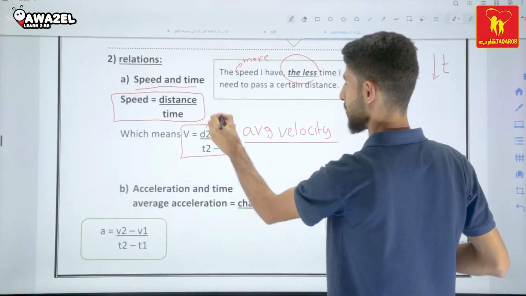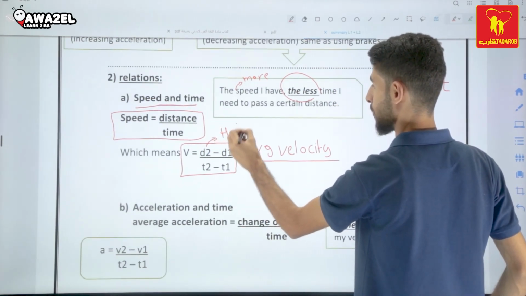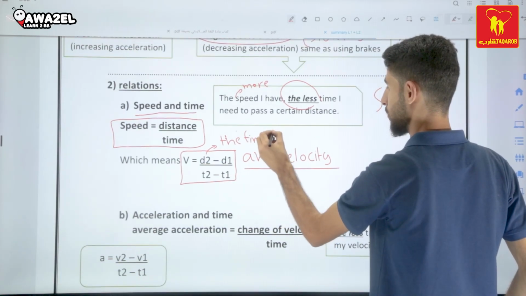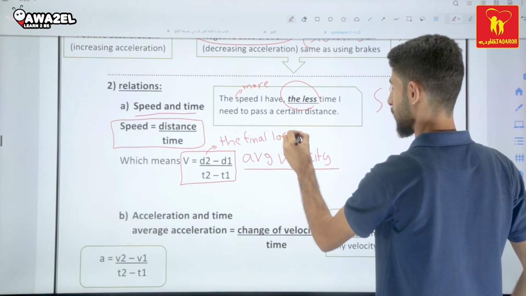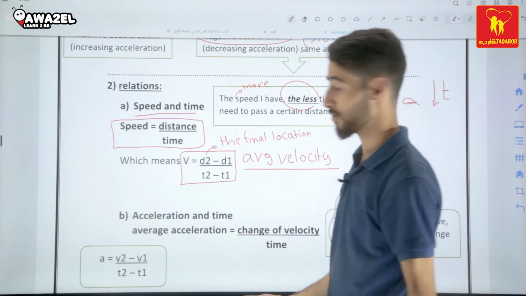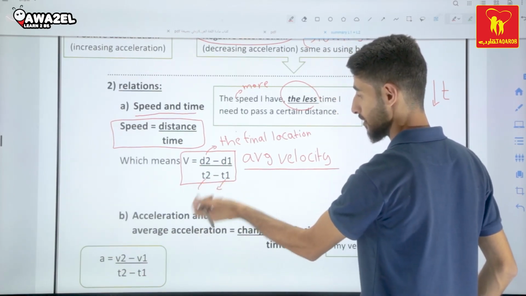D2 is the final location, and D1 will be the initial. And now here we have final time and initial time.